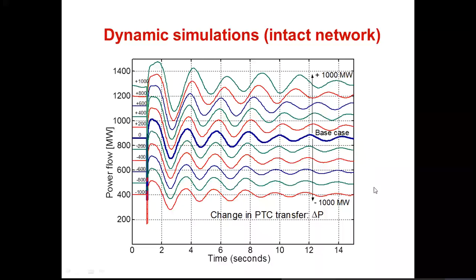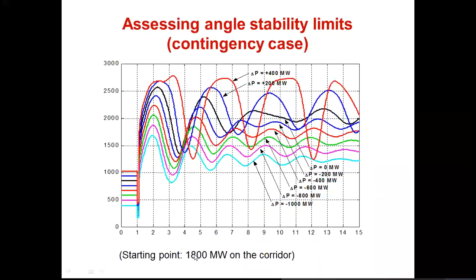In the same way, here they had zero power flow, 0 megawatt delta change. You can see that this is the black line. But if we increase the power flow, we have more dominant oscillations, mainly for the red curve and the blue curve here.